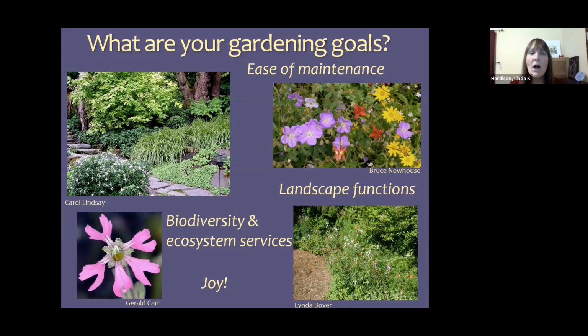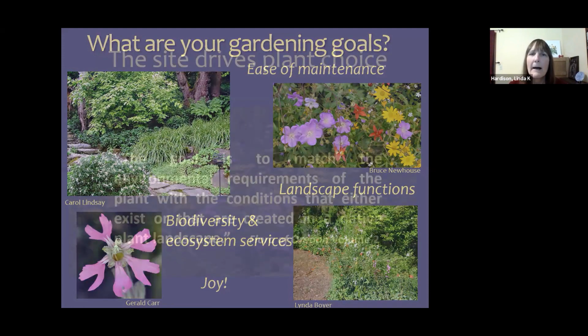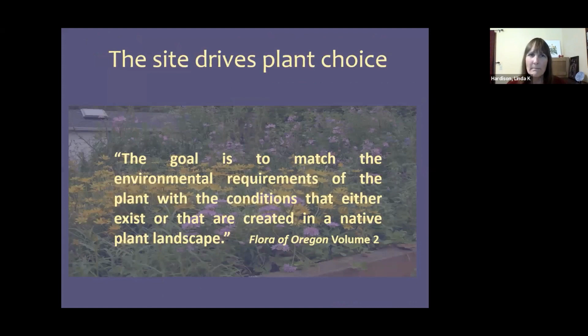So I'll give you a frame, a jumping off place. One major difference, I think, between gardening with traditional horticultural varieties and native plants is that the site drives the plant choice.